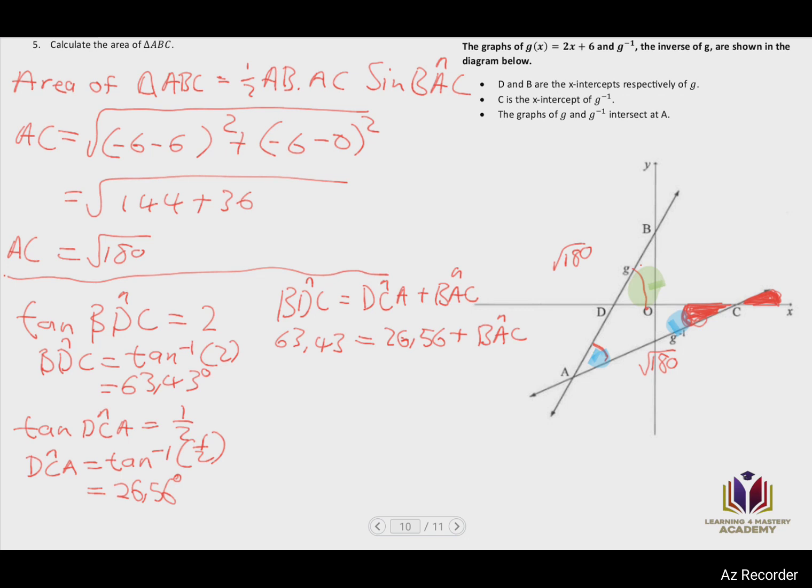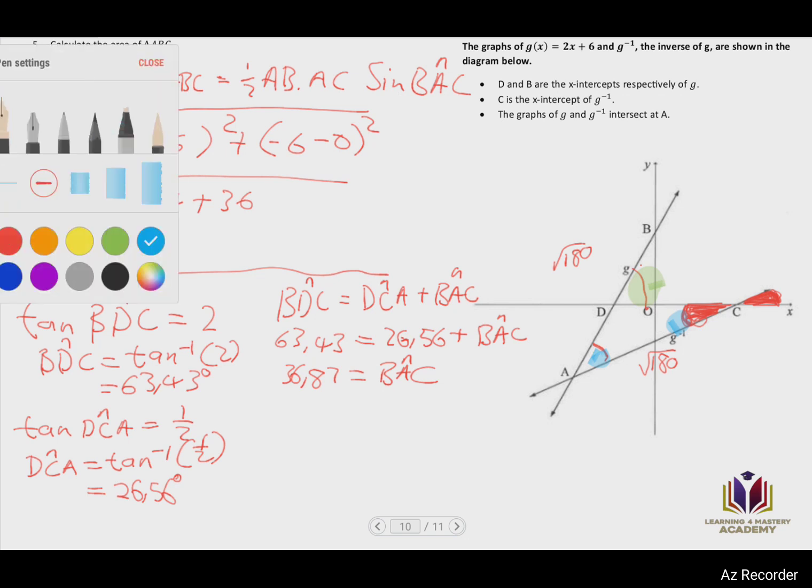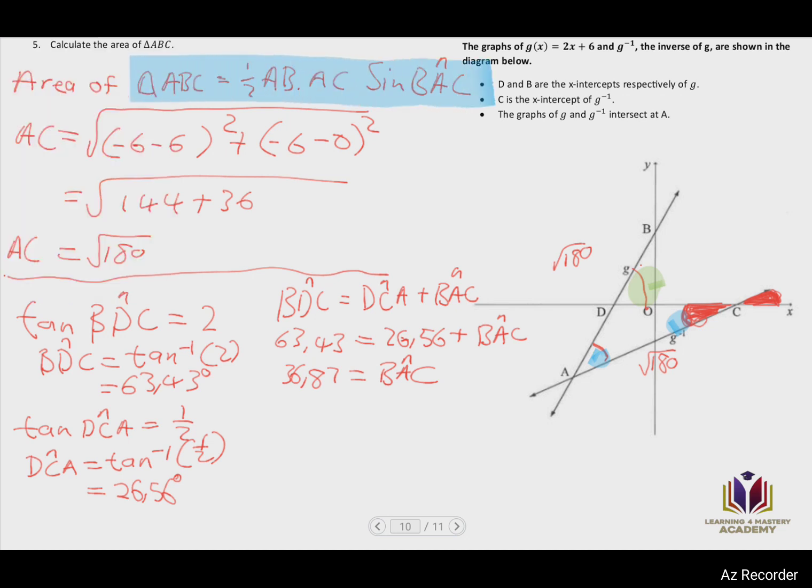That's going to give me 36.87. That's my BAC. Okay. Now that I have this, I can then use this formula here. I can use that. There we go.